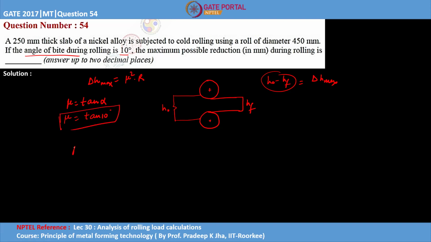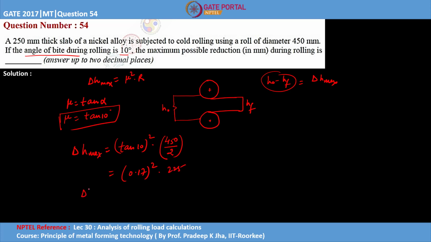So you simply put the value of mu square and R, so delta H max will be calculated. It will be equal to tan 10 degree to the whole square times R. R is nothing but the radius of our rolls, and the diameter of roll is 450, so its radius will be 450 by 2. So if you solve this, this will be 0.17 times 450 by 2, which is 225.